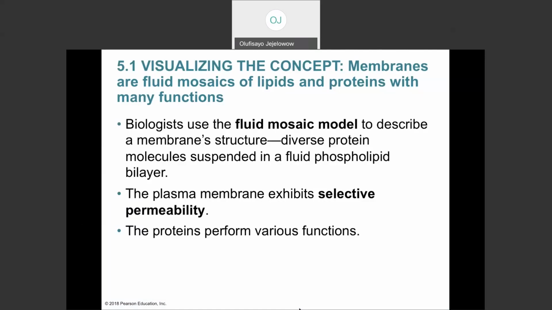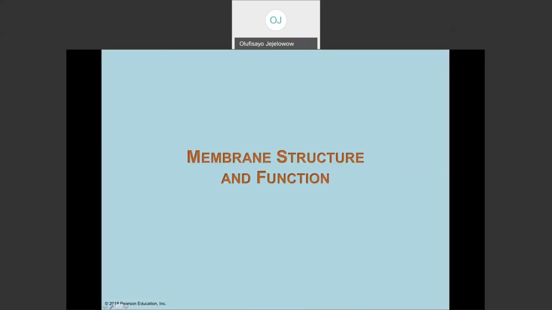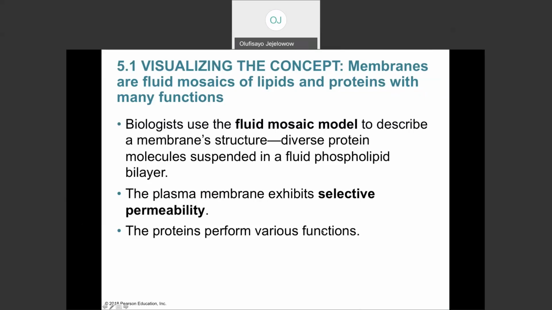Now we're taking a look at membrane structure and function. The accepted model that biologists use to describe the biological membrane, or the cell membrane, is the fluid mosaic model. The fluid refers to the fatty acid tails, which have about the same consistency as fluid olive oil.